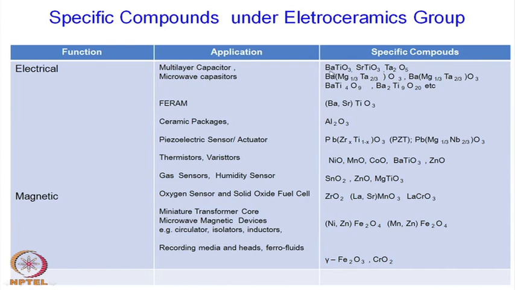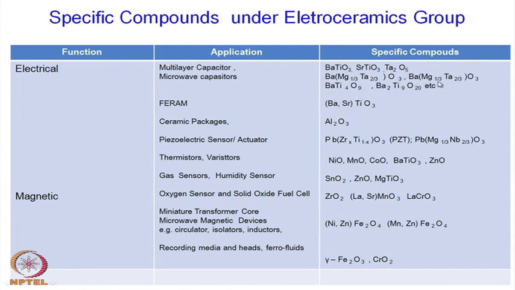And normal multilayer capacitor materials like barium titanate and strontium titanate are normally not used in microwave capacitors, but one uses more complex oxides with different kinds of compositions and stoichiometry, like barium magnesium tantalate, barium magnesium titanate, another compound with different compositions.